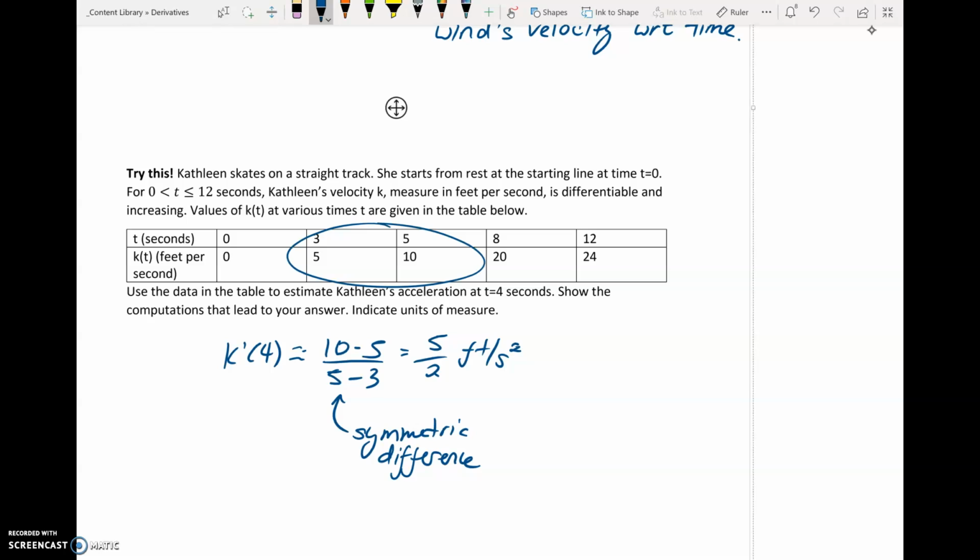If we want 4 seconds, it's going to be right in between here. Then we're going to use 3 and 5 to do that. And then we'll use our symmetric difference formula, and what we're going to find is 5 over 2. And because we're looking at acceleration, this would be feet per second squared, because the original velocity is feet per second.